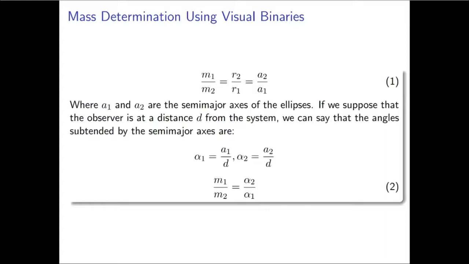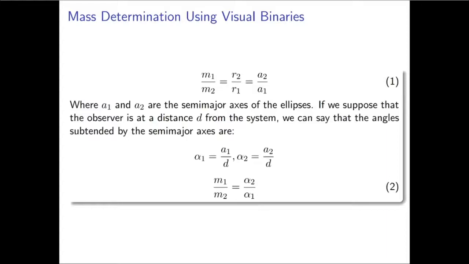This is the approximation. So I can say alpha 1 is equal to a1 by d and alpha 2 is equal to a2 by d. This is coming just from your simple formula that the angle subtended times r, theta, is equal to the arc length. So here my arc length is a1 and a2. So I'm just getting a simple mathematical formula to reach this.